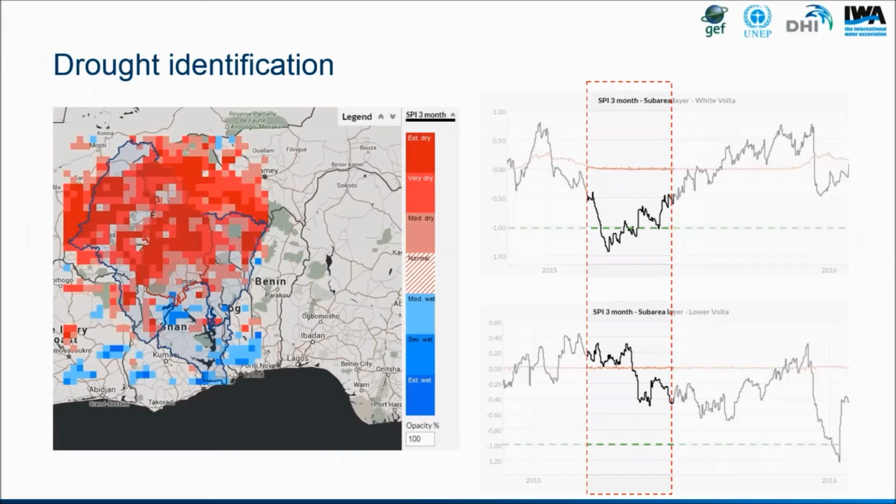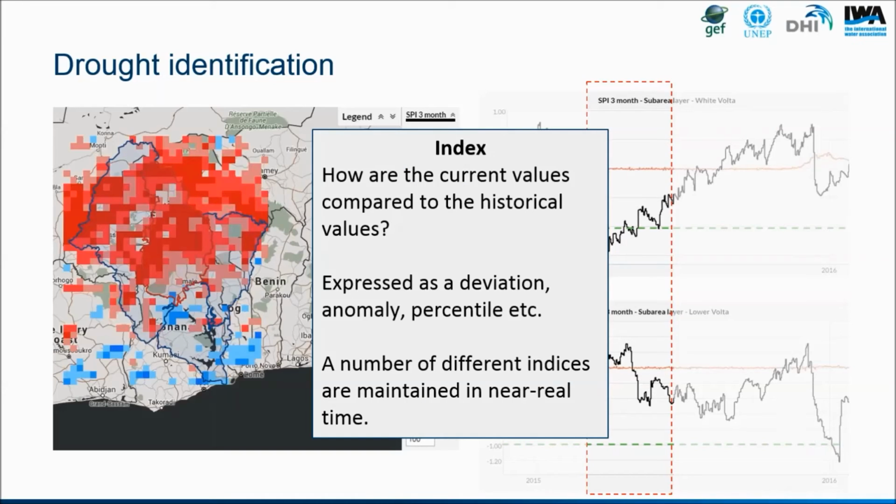I'll just give a few technical bullet points on some of these areas. First of all, the drought identification. As we saw with the presentations from IWMI, the drought indices are really the key to evaluate or identify drought impacted areas. And we have in the project a wide range of different types of drought indices which we are evaluating and testing.